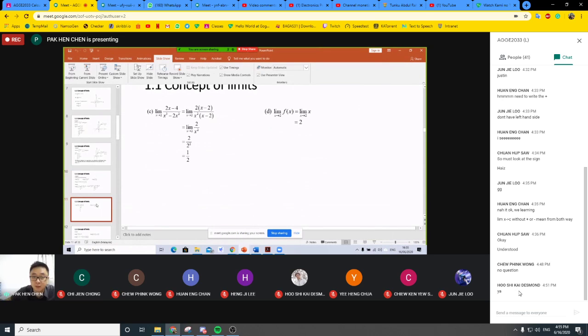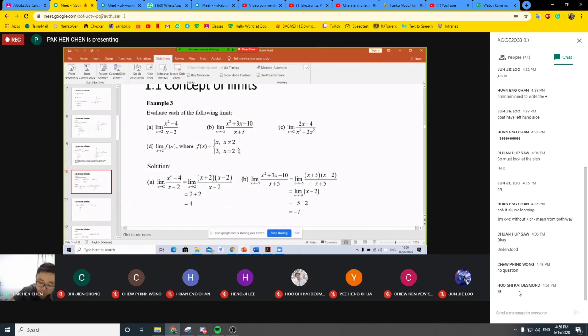So the next one, for this f(x), is a so-called piecewise function. If you want to find the limit as x approaches a value, I draw again for your reference. We have an xy axis, and you have a function y equals x.